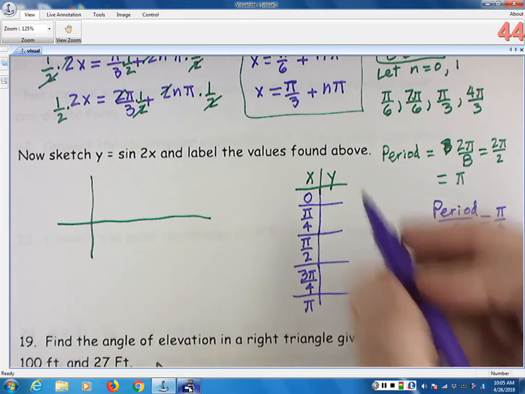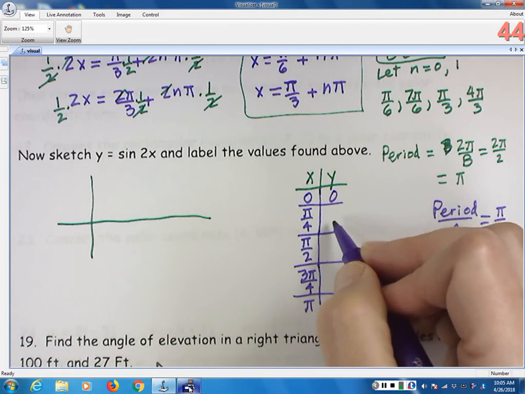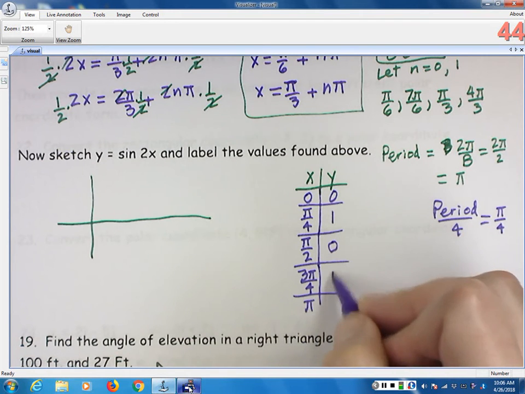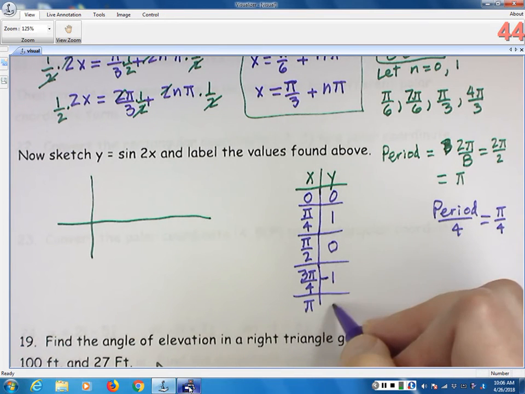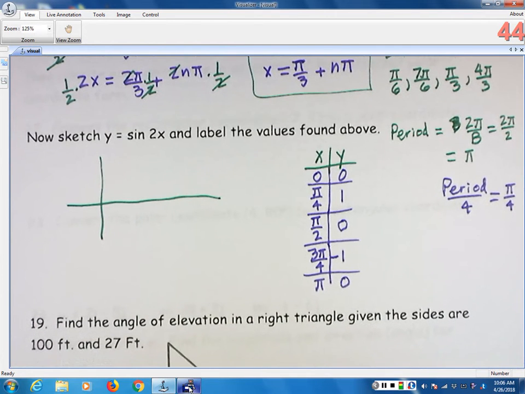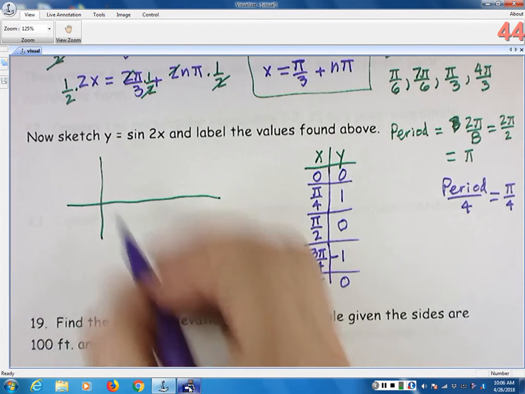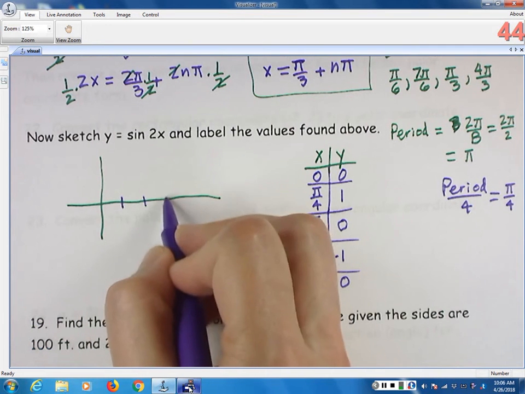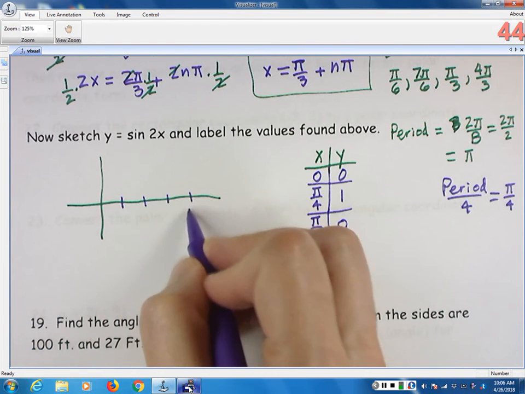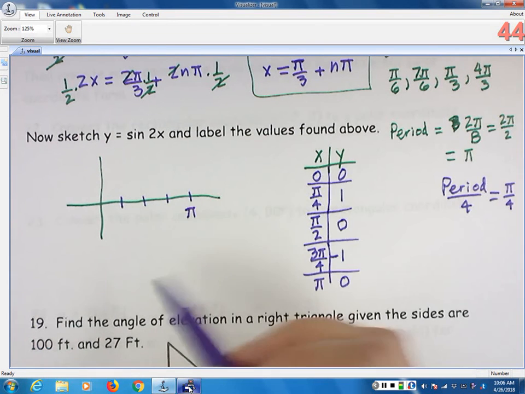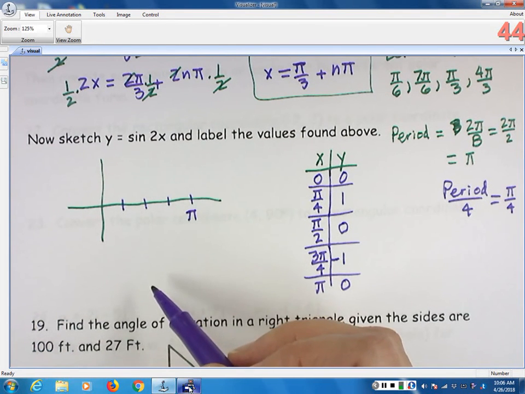So sine is 0, and then it's 1, and then it's 0, and then it's negative 1, and then it's 0. The regular sine function. You can use your unit circle to help you with that. So if we want to just show up to pi, if it has to show up to 2 pi, you're going to go the rest of these.